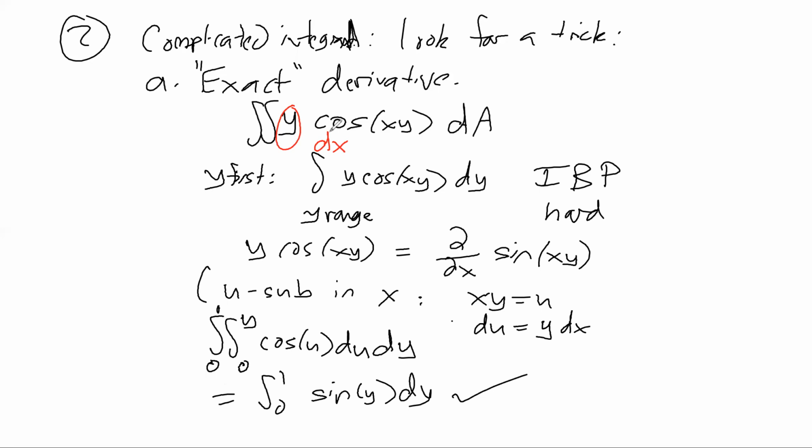So the upshot is look for extra y's, and it implies that they come from the chain rule. And then that allows you to do u sub. So another tip you can use is look for symmetry.